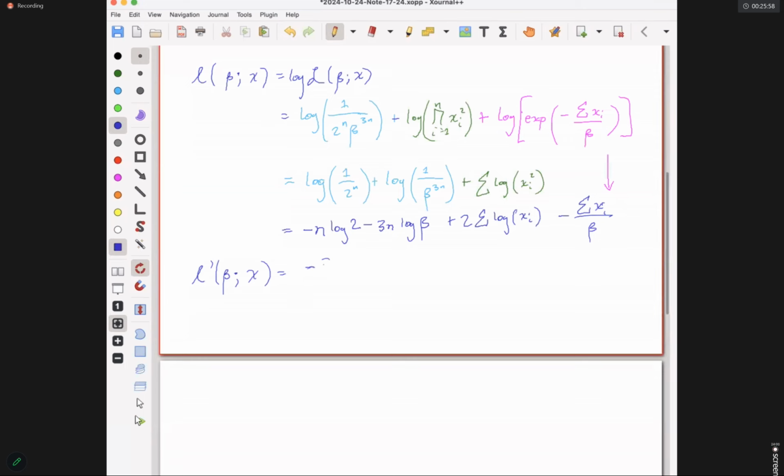It'll be -3n over beta because the derivative with respect to x of log of u, where u is a function of x, is u prime over u. So differentiating this thing with respect to beta, we get -3n over beta. What about the next term?